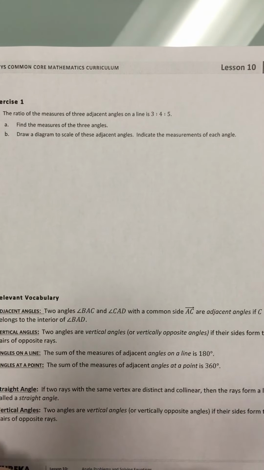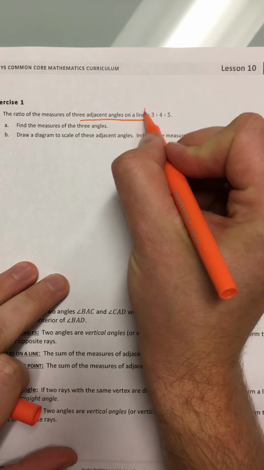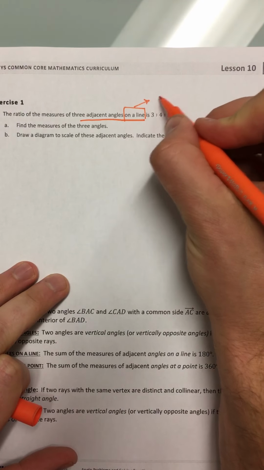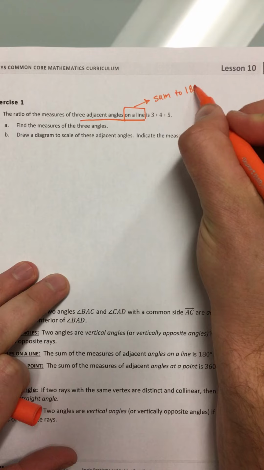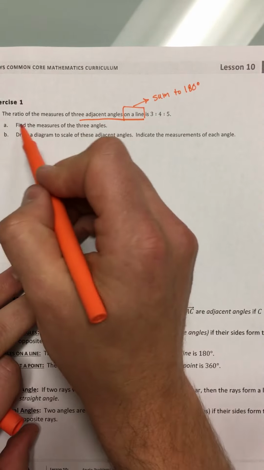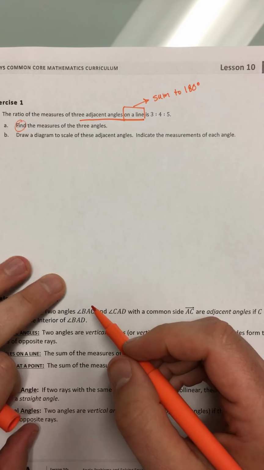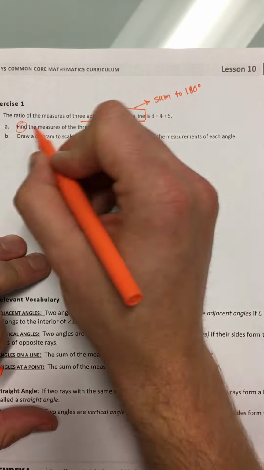Okay. Our final problem is another ratio problem. It says 3 adjacent angles on a line. So again, the on the line part really matters because I know that they must sum to 180 degrees. So it says find the measure of each of the 3 angles and then draw a diagram to scale of these adjacent angles.